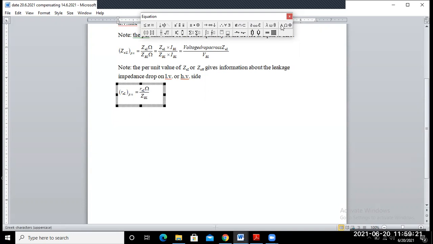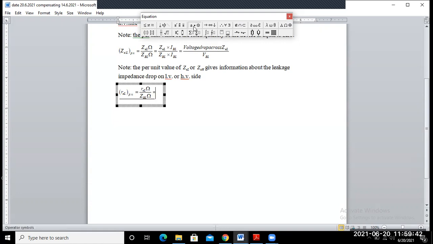Okay, if you multiply here in numerator and denominator by I square BL, then just simplify this equation, we will get some specific result that we will note down.